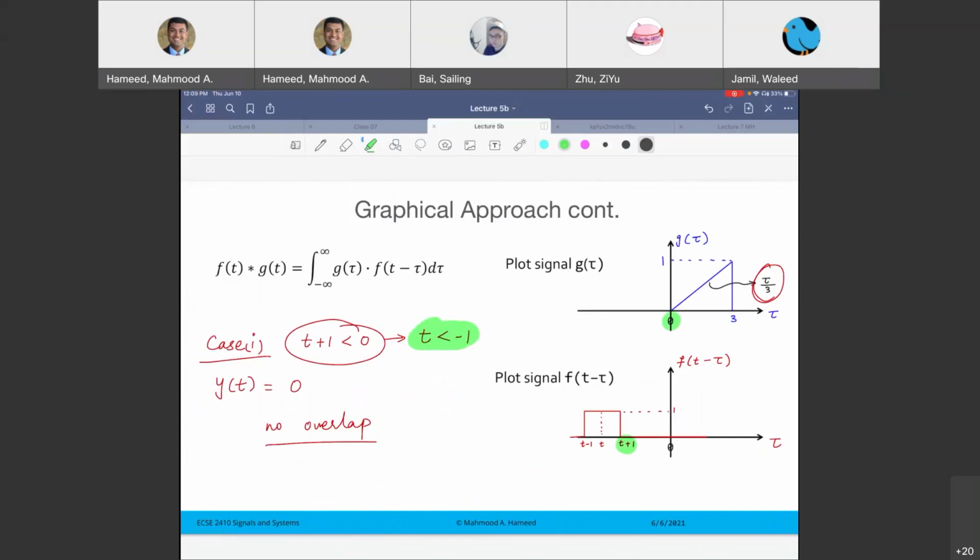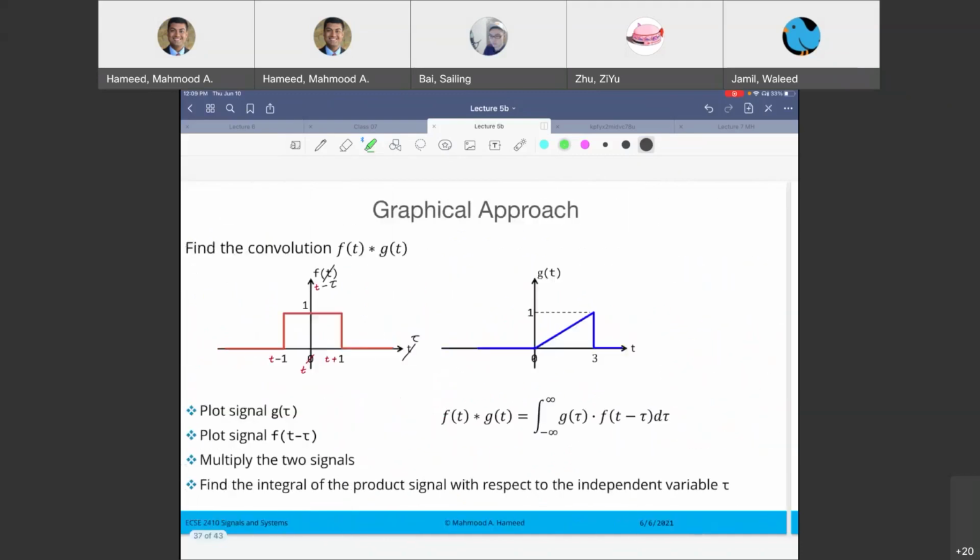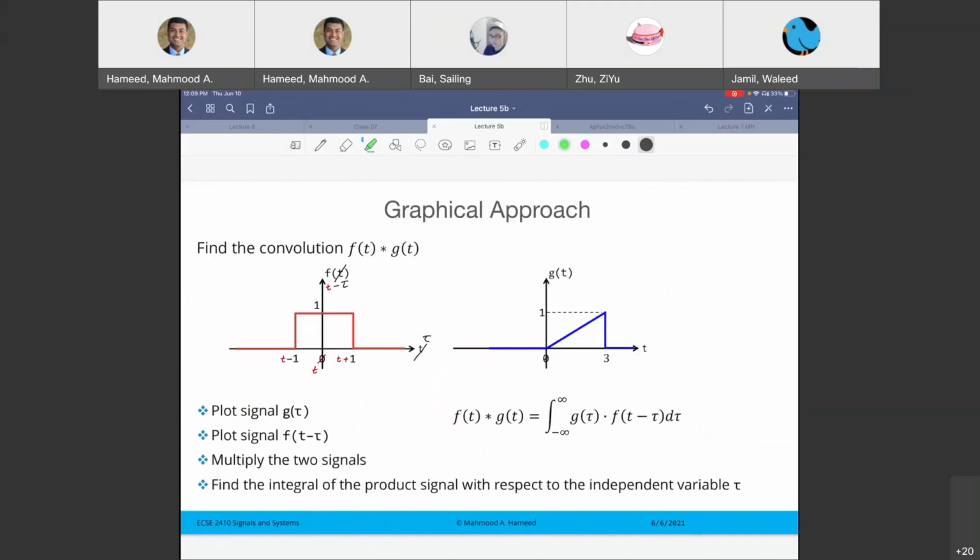Now, I want you guys to note a few things here. One, without even doing any of the math, I could have told you that the things start at -1 and stop at 4. -1 plus 0, -1. 1 plus 3, 4.